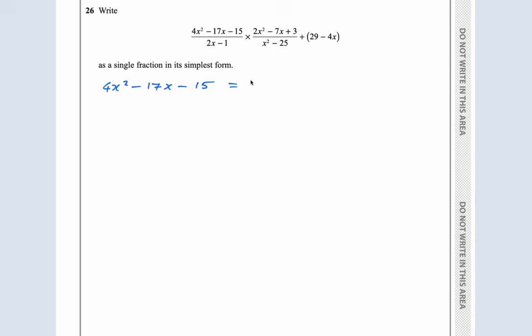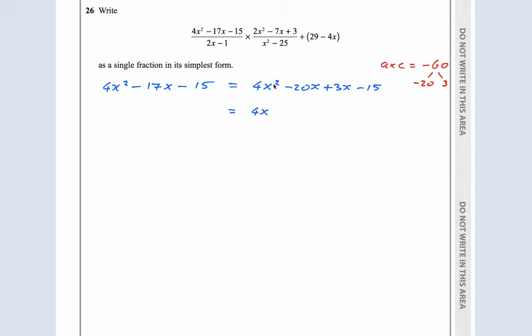This is equal to factors of this, right? Let's do it, guys. A times c is minus 60. Factors of minus 60 to give me 17: that's going to be negative 20 times plus 3. So I write this as 4x squared minus 20x plus 3x minus 15.